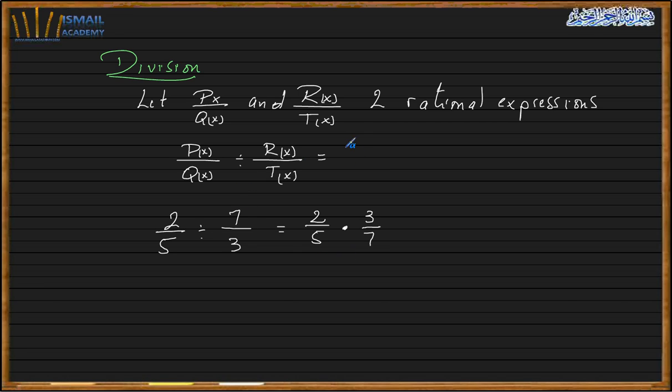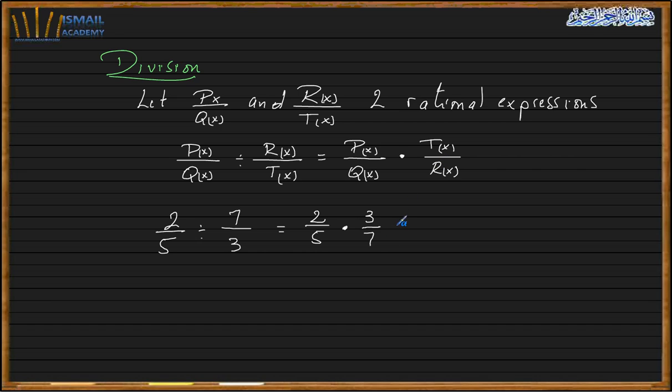It's the same thing here. We keep the first fraction, or the first rational expression, unchanged, multiply, and flip the second one. So here it will be t(x) over r(x), and I apply the concept of multiplication, which is to factor each polynomial, cancel the common factor, then multiply at the end.